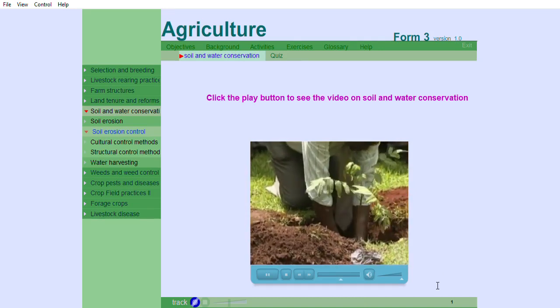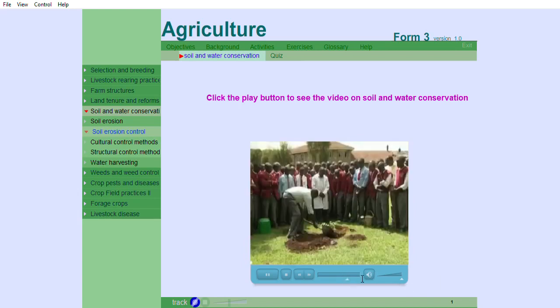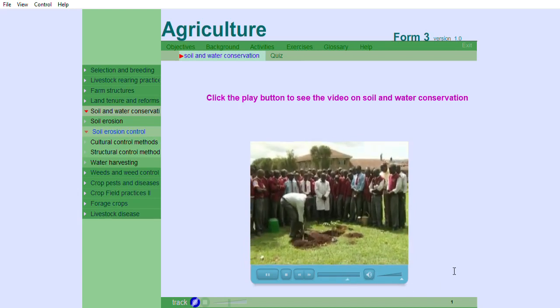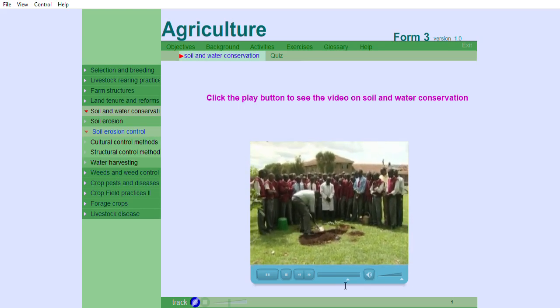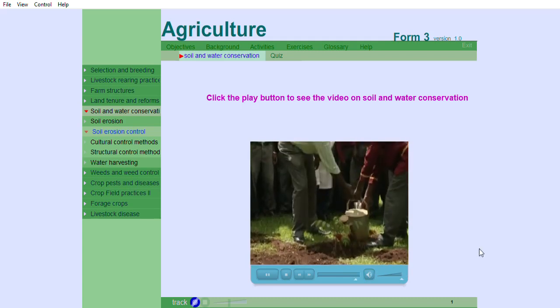The tree must be planted at the correct height. Sufficient to it.